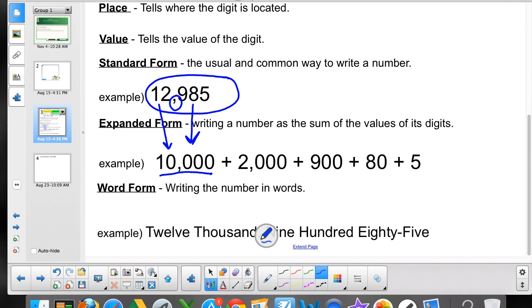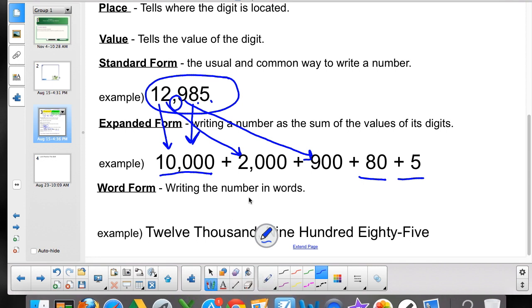The 2 comes down to show its value of 2,000. The 9 comes down to show its value of 900. The 80 represents the 8, and the 5 ones represent the 5.